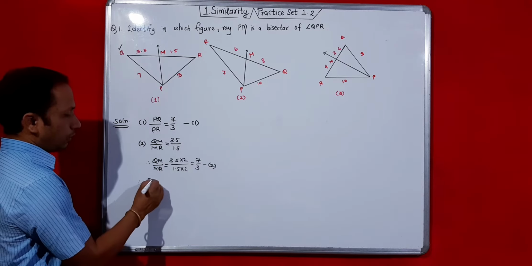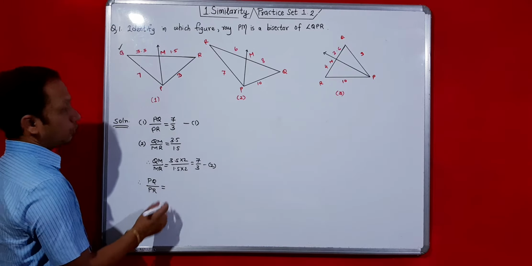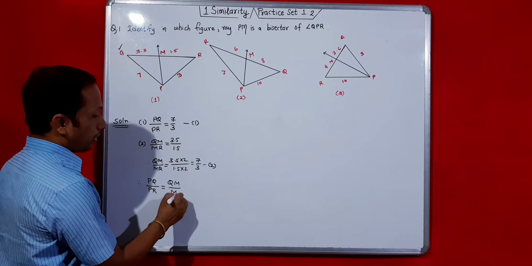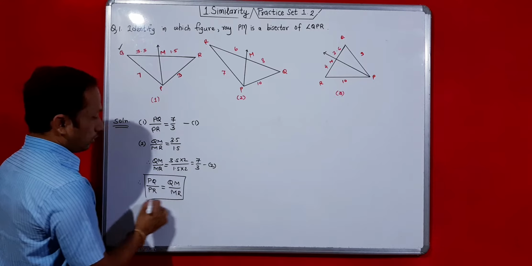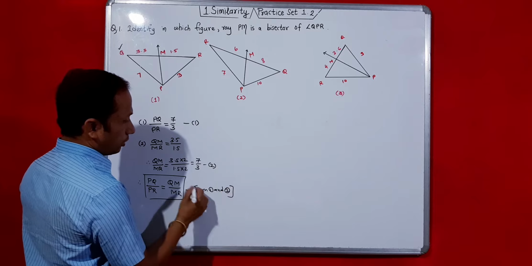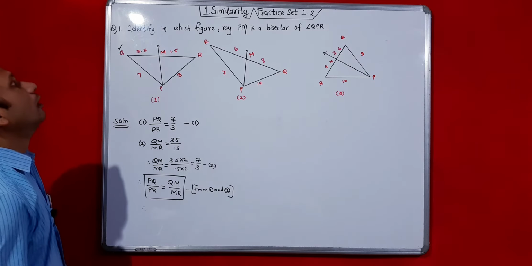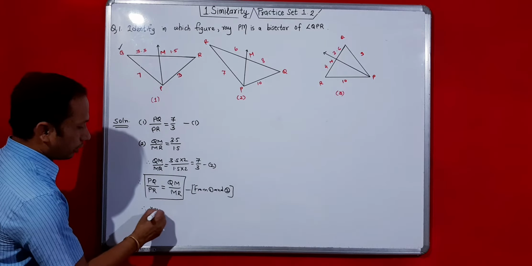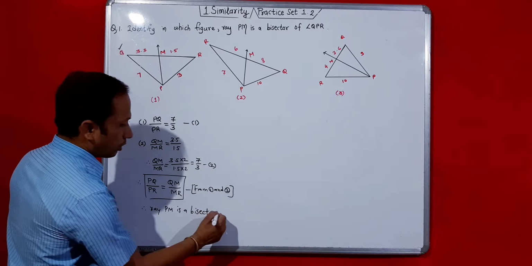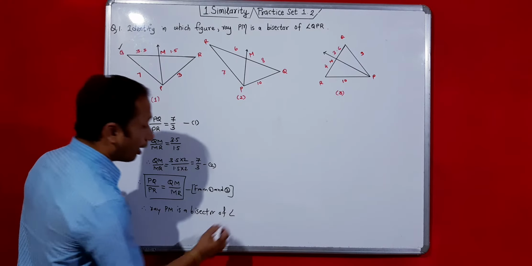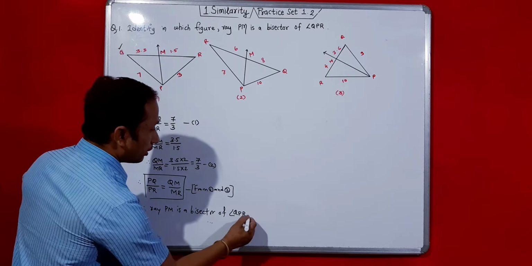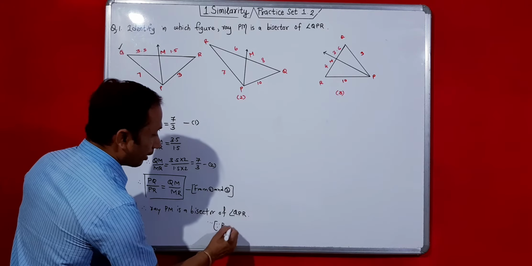Therefore PQ upon PR is equal to QM upon MR. This is the solution. From 1 and 2, therefore ray PM is a bisector of angle QPR. The reason I am writing here is by the angle bisector property.